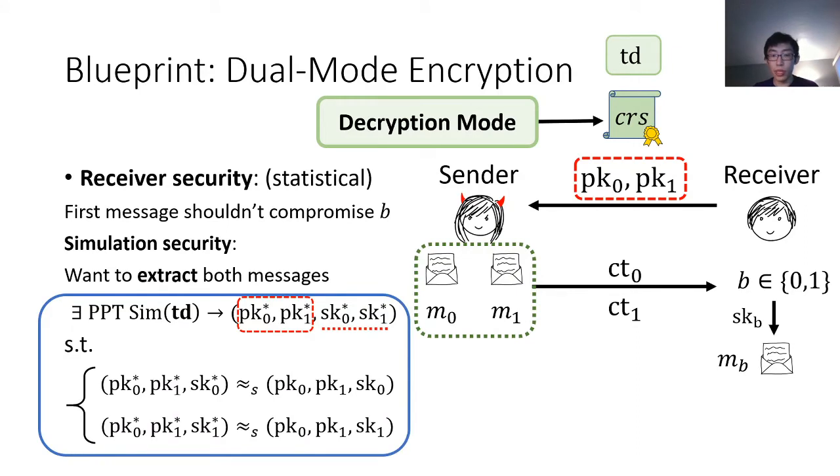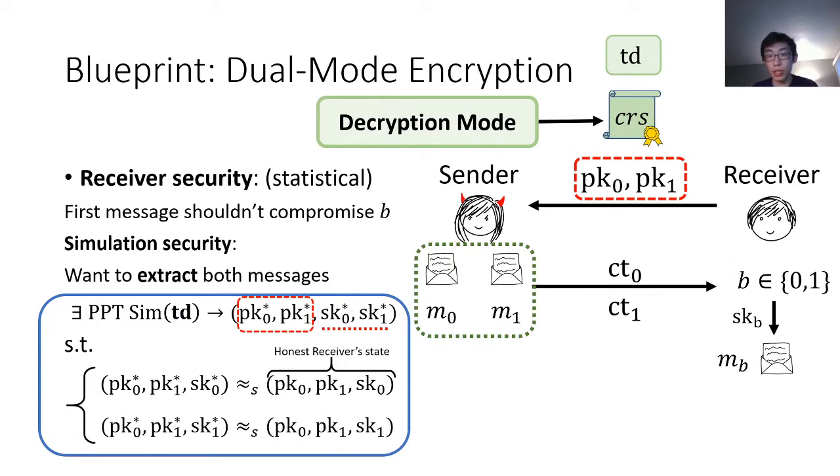So we'll require the existence of a simulator that produces a fake first message along with two secret keys. In particular, the indistinguishability requires that those fake public keys produced by the simulator should look statistically close to the messages of the honest receiver.